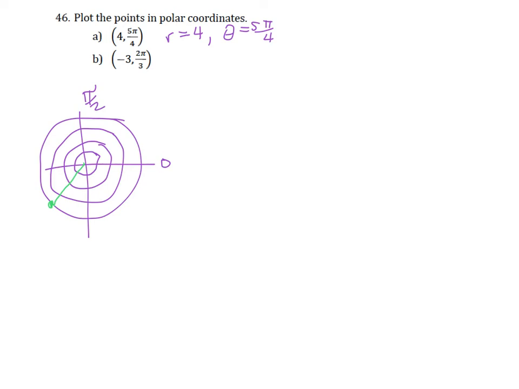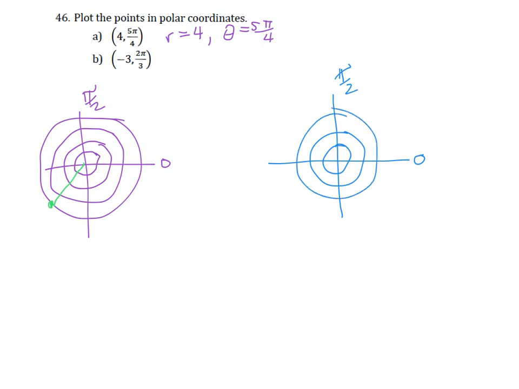Let's try B. Okay, so again, here's 0, here's pi over 2. We have a radius of 1, 2, 3. Now let's look at what negative 3 means. So 2 pi over 3 is about here. Now, what it says is we want to go negative 3 on 2 pi over 3.